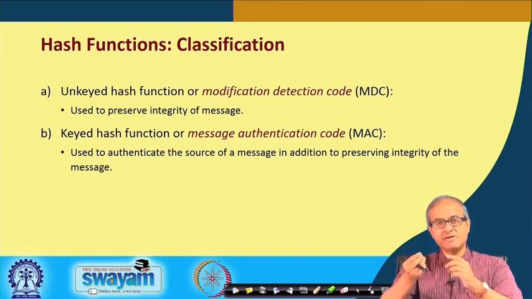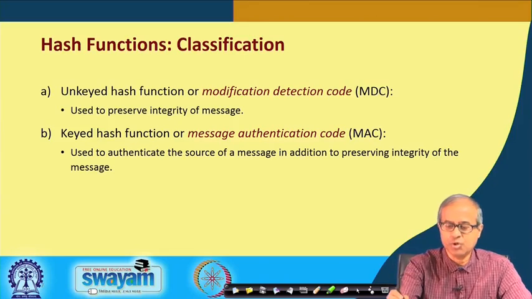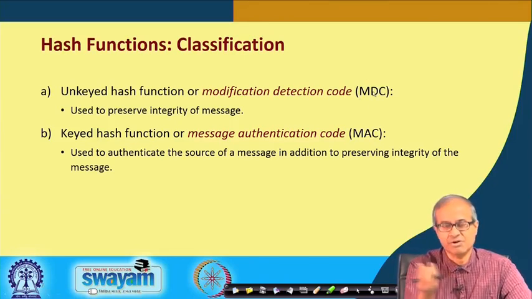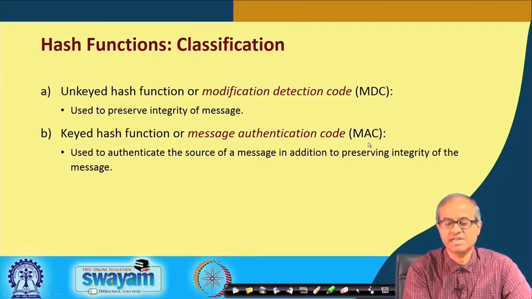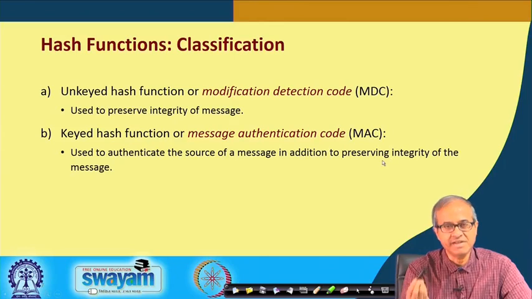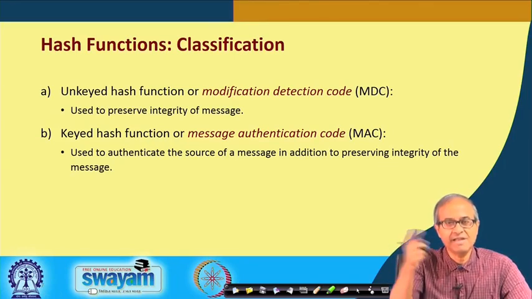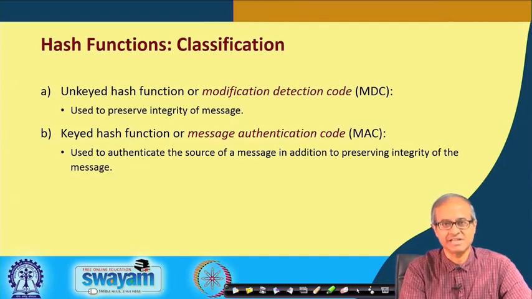So, whenever the message is modified, this so called MDC, which is also coming as part of the message, will get modified. And the other one uses a secret key, as I just now said, with message authentication code. Here we can preserve integrity of the message, as well as we can identify the sender who is sending the message.